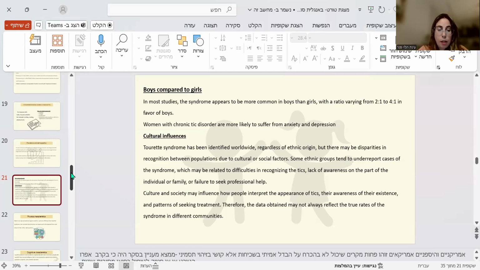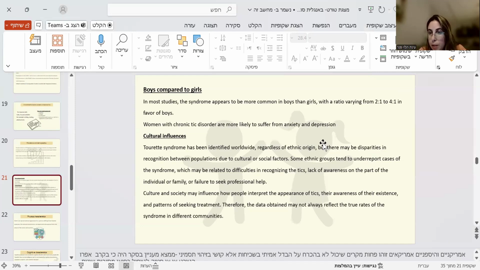Cultural influence. Tourette syndrome has been identified worldwide, regardless of ethnic origin, but there may be disparities in recognition between populations due to cultural or social factors.